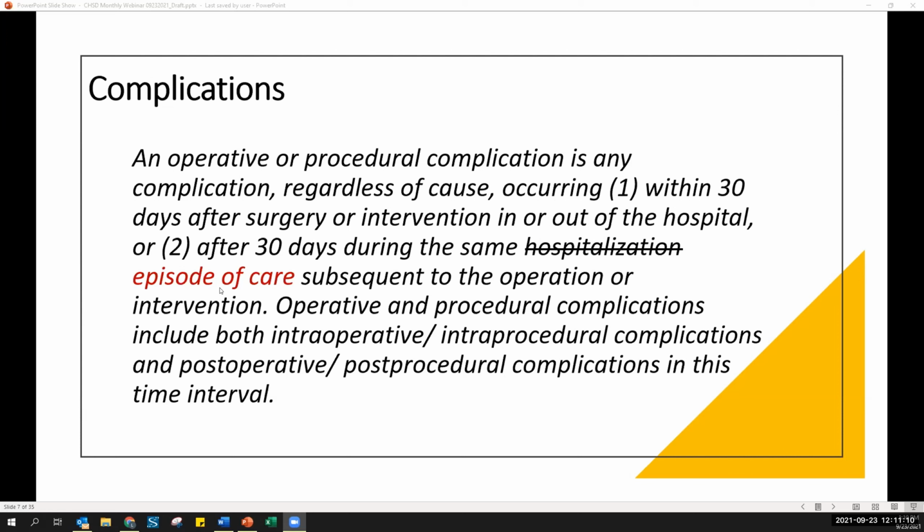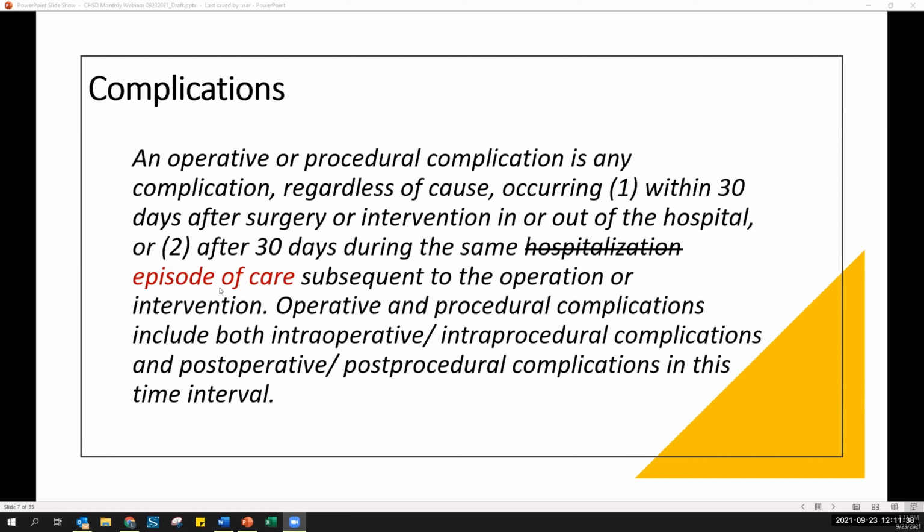So when this term was introduced to the database, a couple of years back now, much of the training manual did not get updated, unfortunately, to reflect episode of care. Many of us started doing this work based on the episode of care because it is consistent then with how we define mortality in the database, and it's consistent if you were to be discharged to another facility and then come back to your facility.